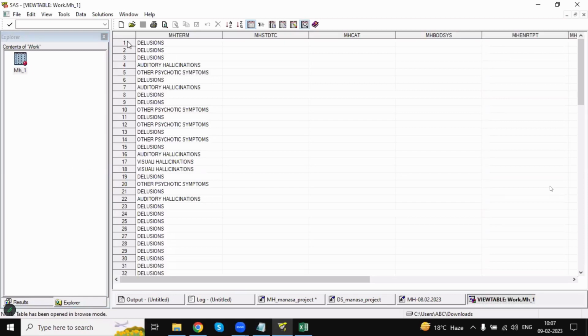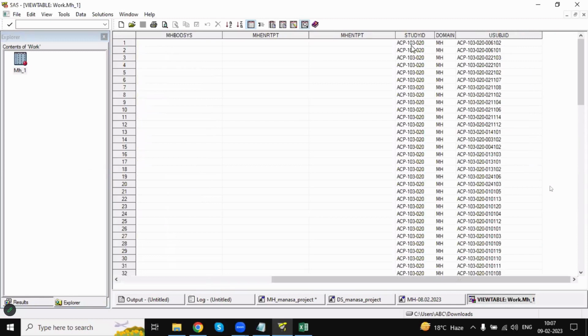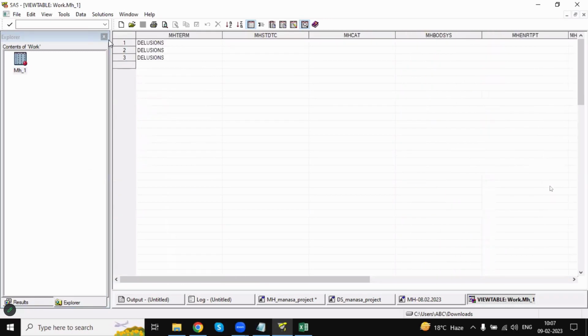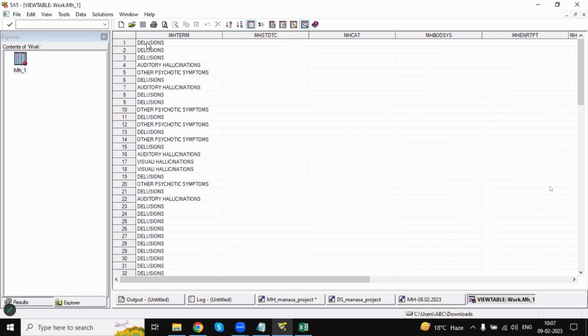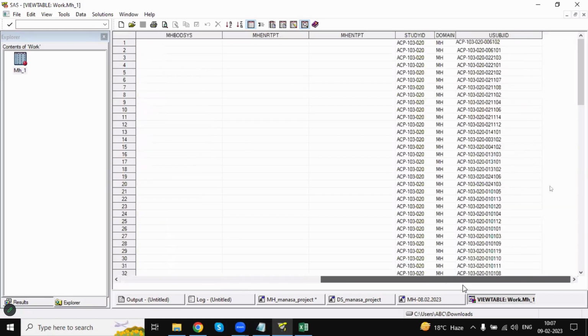If you take a unique subject ID, 10 subjects are showing only deletions. These 10 subjects have multiple terms, right? You have multiple medical problems, but in the output data set you are showing only one medical problem.